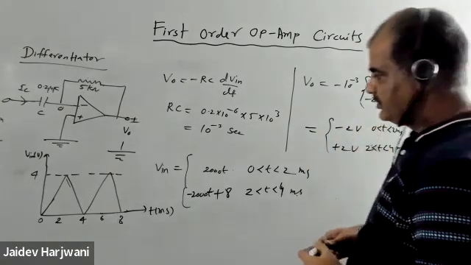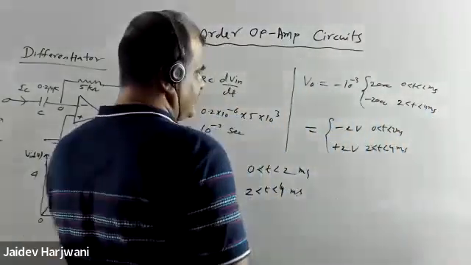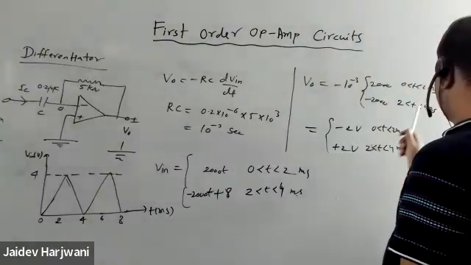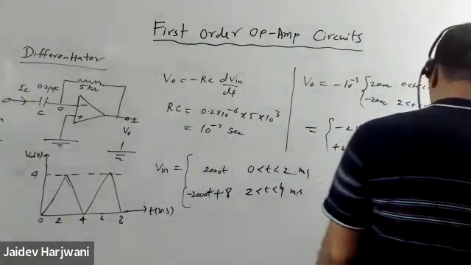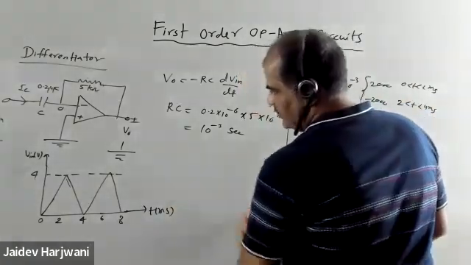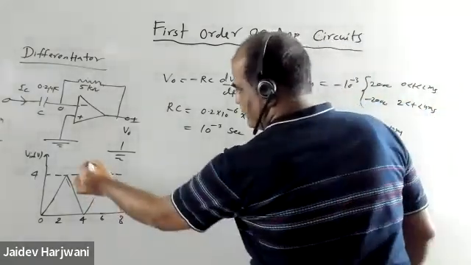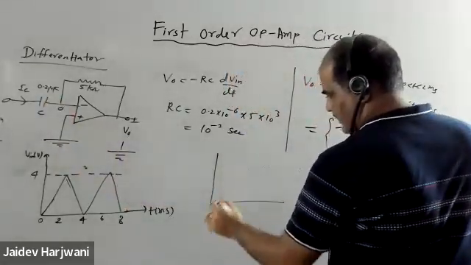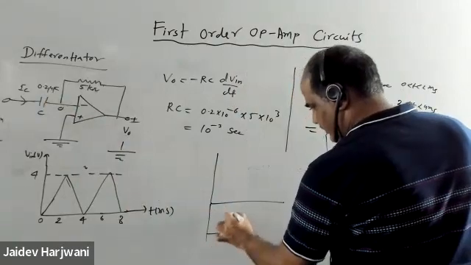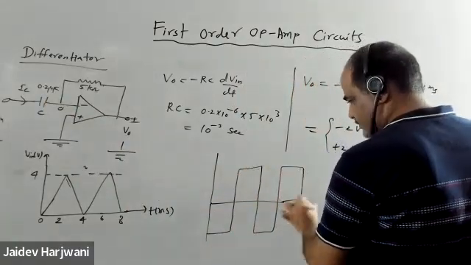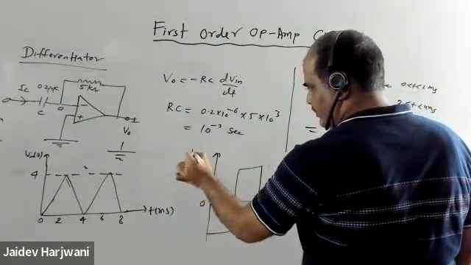So if you draw this now, from 0 to 2 my value is -2 and from 2 to 4 my value is +2. So if I draw my output, this is the input we are applying here, and my output will be this way. It will repeat. This is V output.